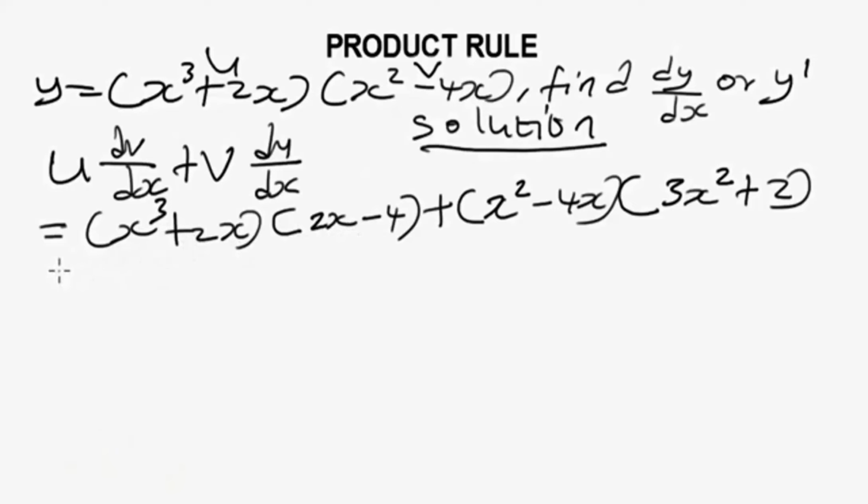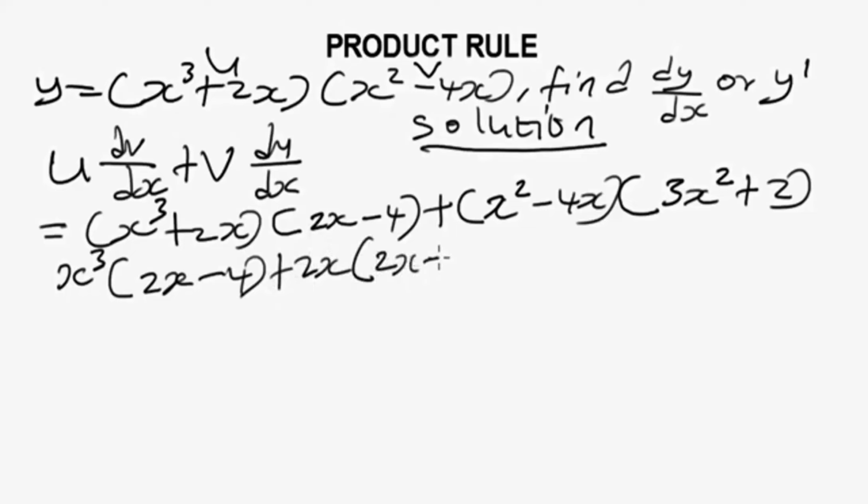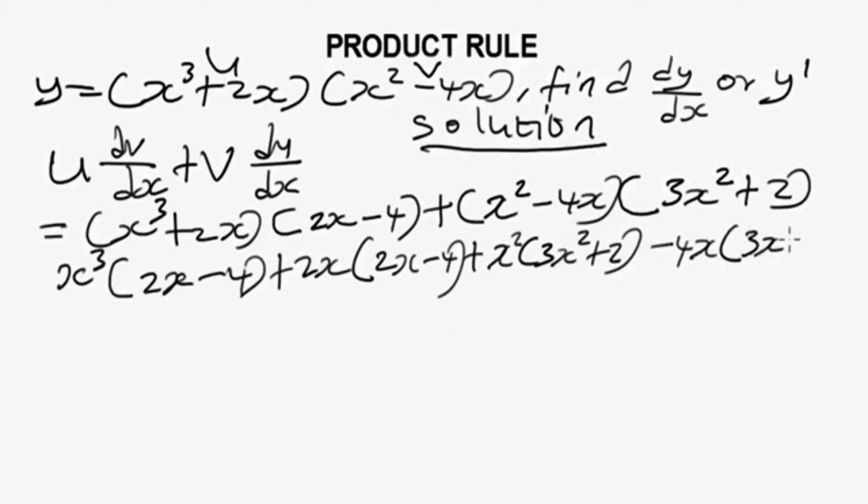Let's begin with x cubed multiply 2x minus 4 bracket close, plus 2x multiply 2x minus 4, plus this time around x squared multiply 3x squared plus 2 bracket close, minus 4x multiply 3x squared plus 2.